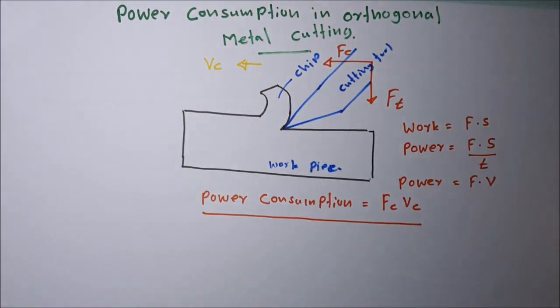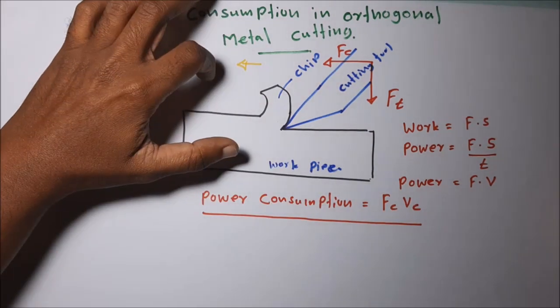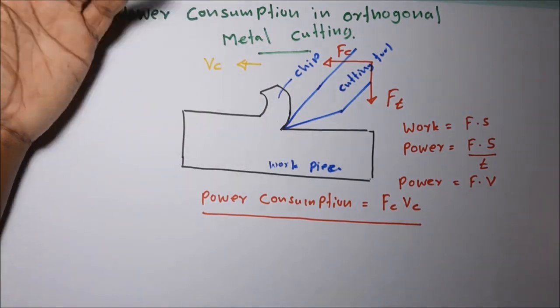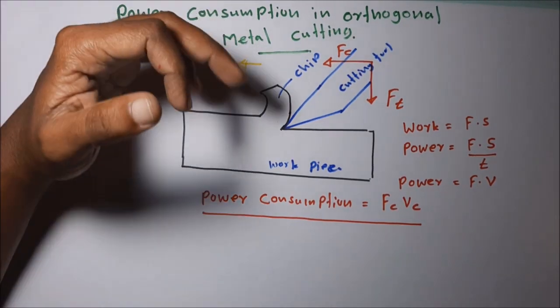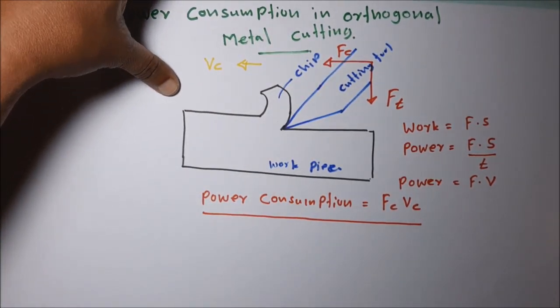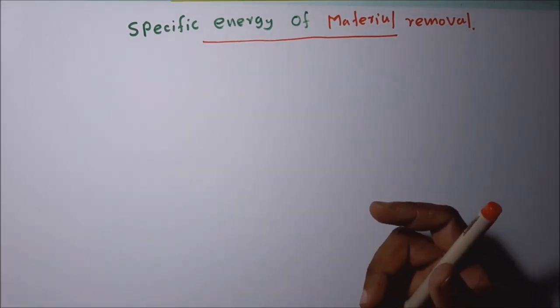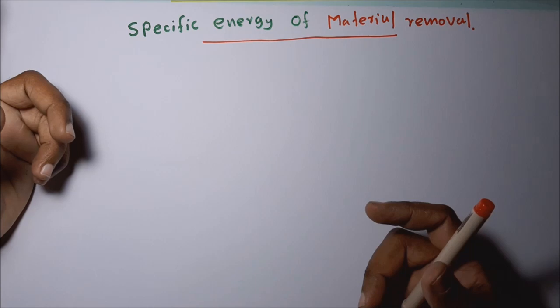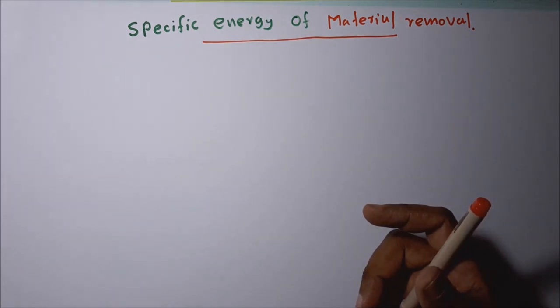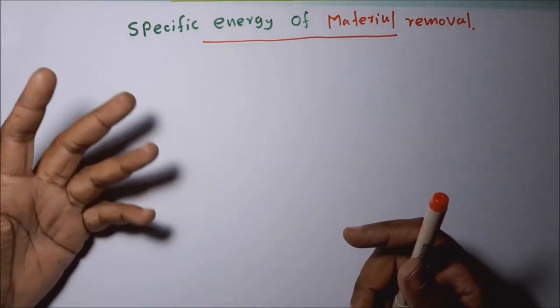Power consumption means the energy consumed in unit time is called power. This is how we calculate power consumption. Now you know how to calculate power consumption in machining.